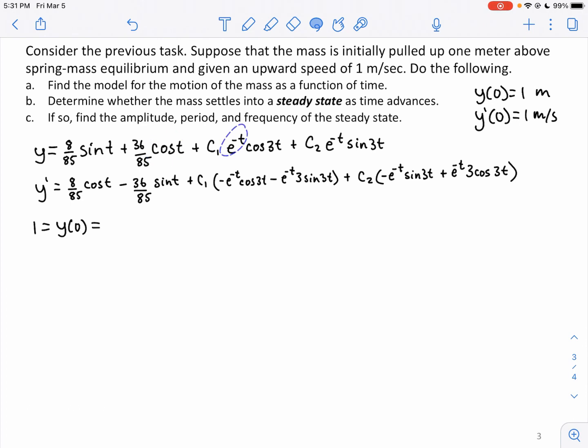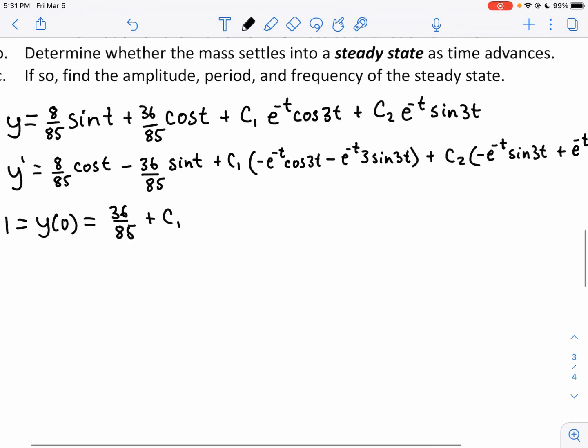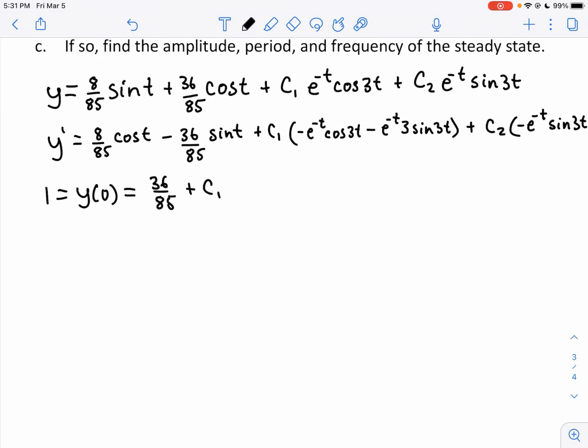Cosine of 0 is 1, e to the 0 is 1, and cosine of 0 is 1. So that's all 1 there, so we just get c1, and we get this fraction 36/85. So we have 36/85 plus c1. And if I just subtract now 36/85 from 1, we get c1 is equal to 49/85.